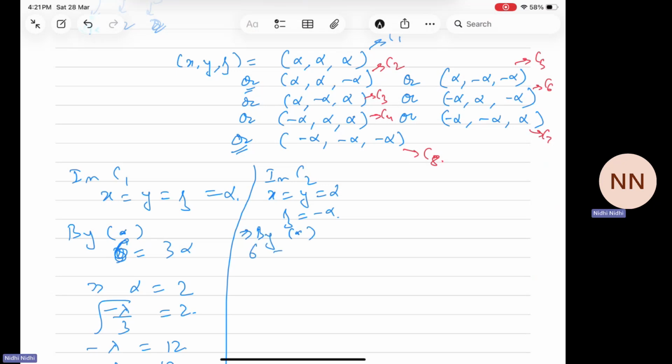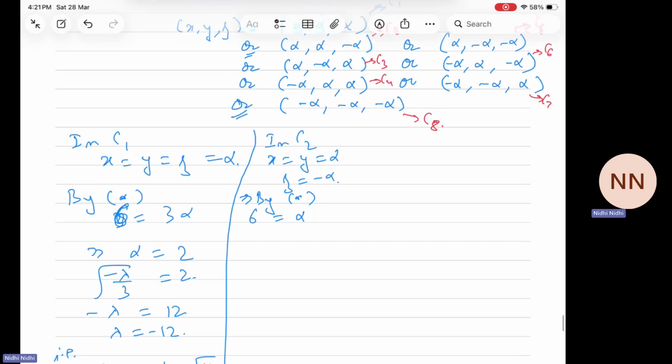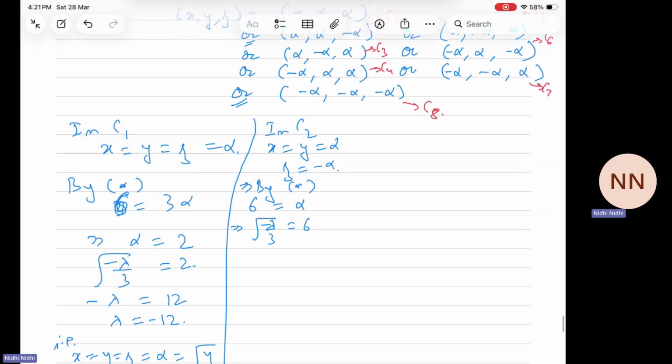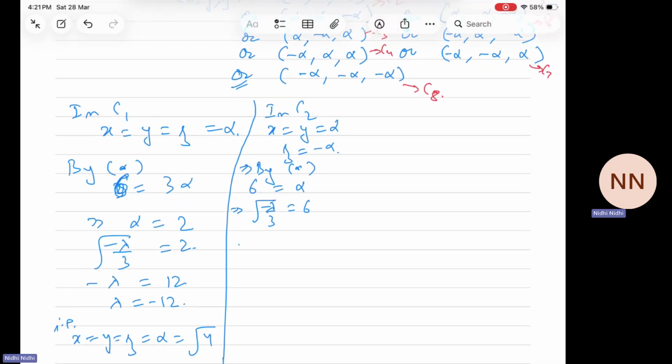So 6 will be equal to alpha, because plus alpha minus alpha gets cancelled out. So in this case, we'll get under root minus lambda by 3 is equal to 6. Squaring both the sides, we'll get minus lambda is 3 times 36.